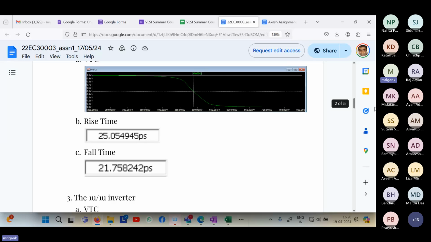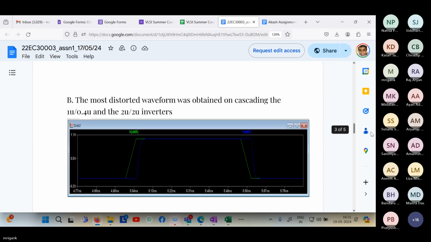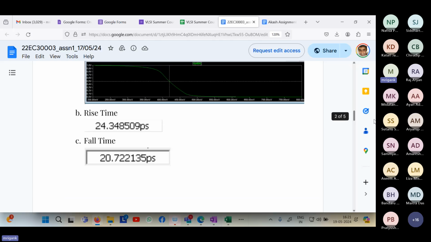If you put some load capacitor, then it will start having more pronounced effect because of the sizing. Right now, the devices are fast enough and they are actually improving the rise time fall time as compared to the input waveform. That's why we are not seeing much effect. So there are two cases: either you put some cap and then the device will get loaded, and then the rise time fall time will become more strongly dependent upon the output.